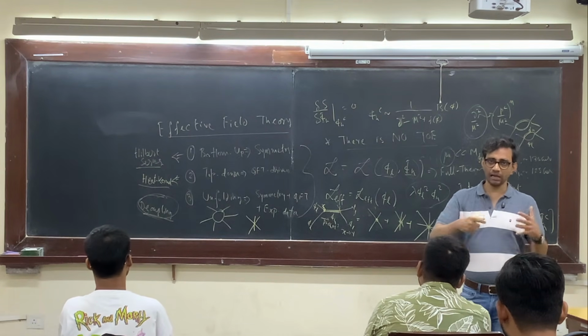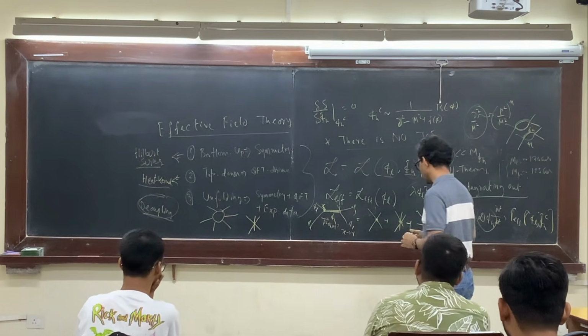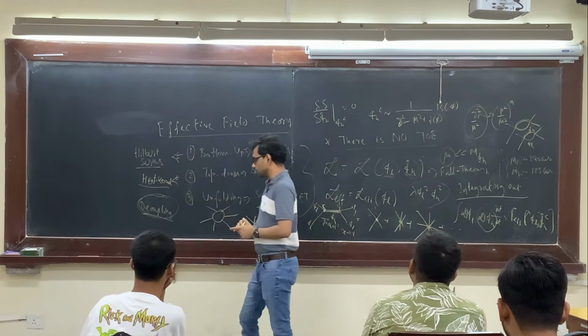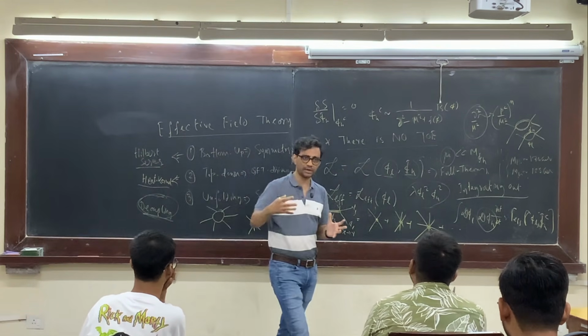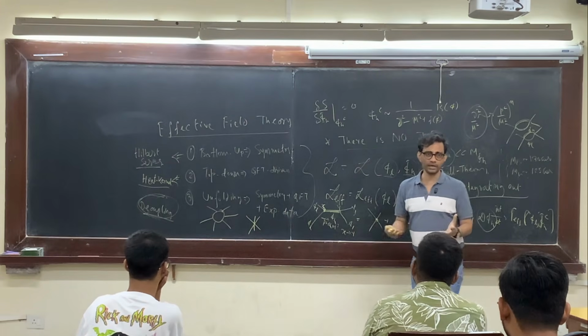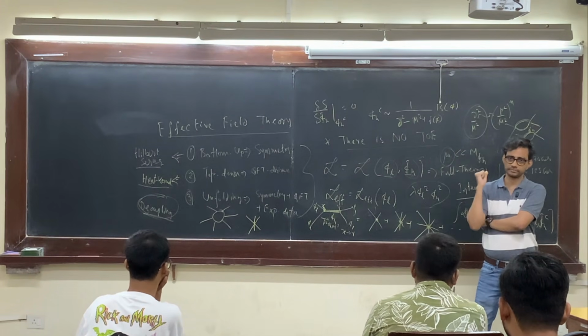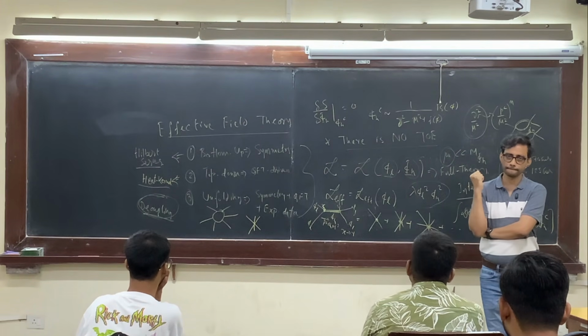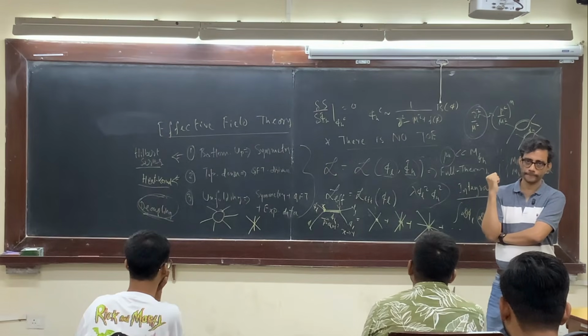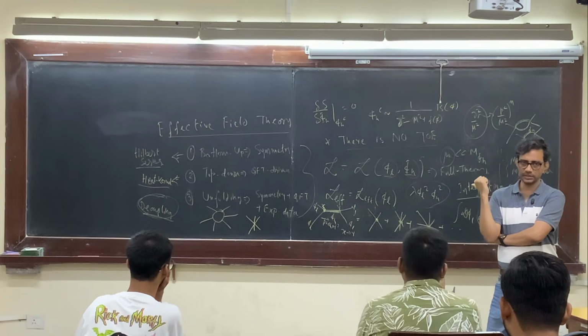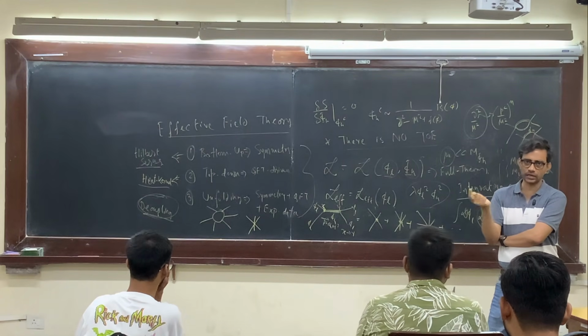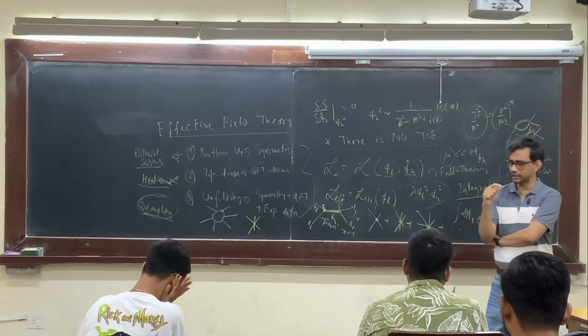For all the other higher dimension operators when I generate them, why are they divergent? I don't understand. No, I am asking if this diagram that you have drawn here is divergent if I calculate it with the phi 4 Lagrangian. If this diagram is divergent when calculating in a phi 4 theory.